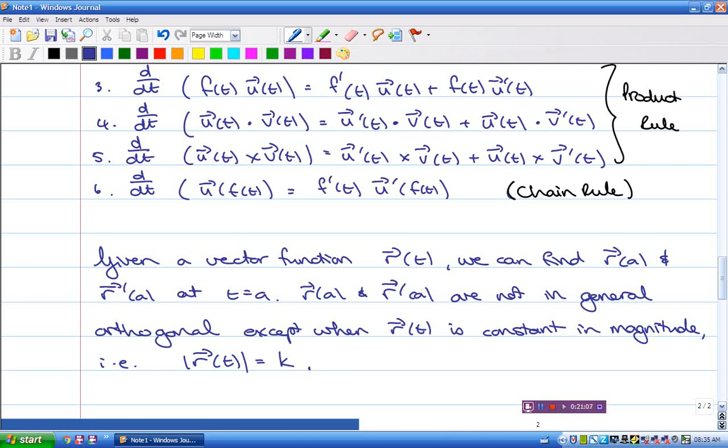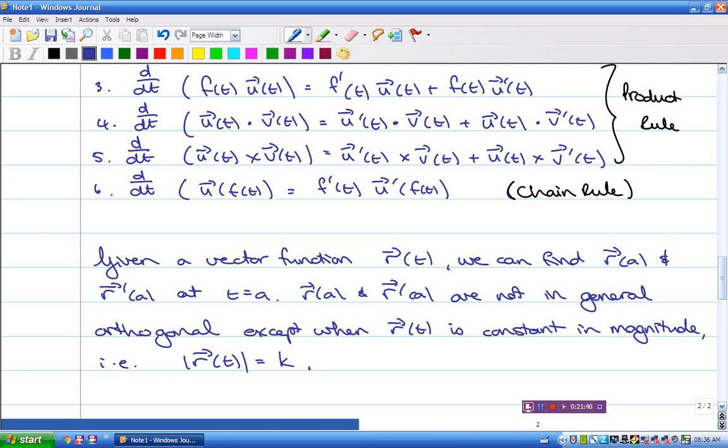Then your arrow pointing from your origin to your dot, if your dot is just moving around and around that curve, then your r arrow will just go round and round. It'll change direction, but it won't change magnitude, because its magnitude will always be the radius of your circle. And we know from circle geometry in school that in circles, your tangent and your radius are always orthogonal to one another. So that would be a prime example of r and r dash being orthogonal to one another. There are other cases, but that is a very easy one to picture.